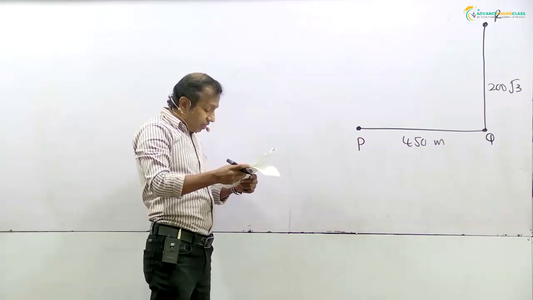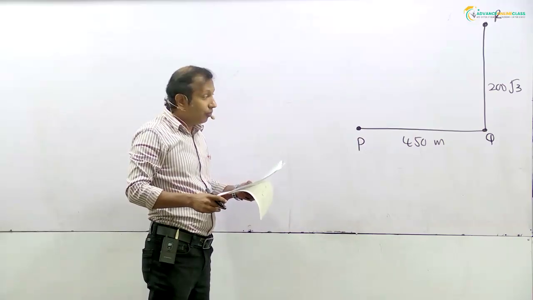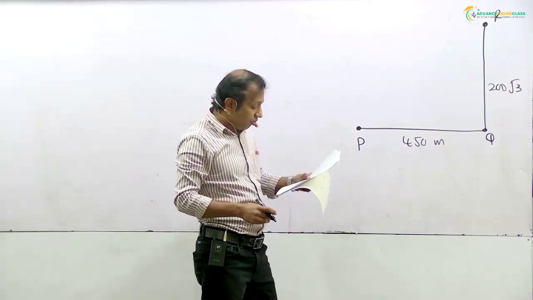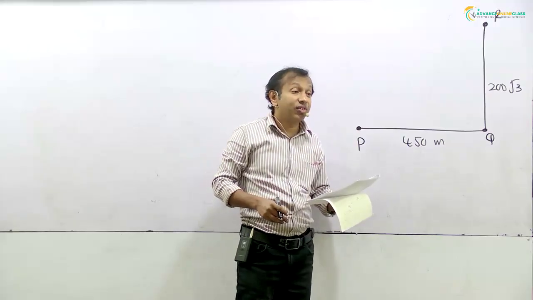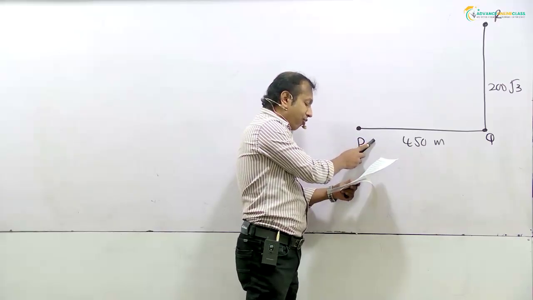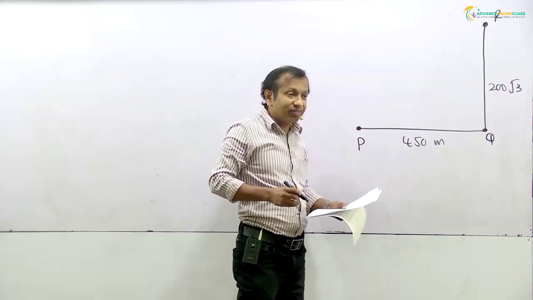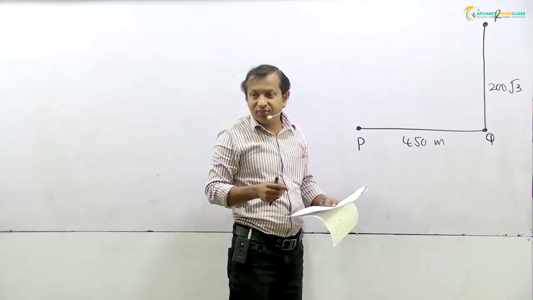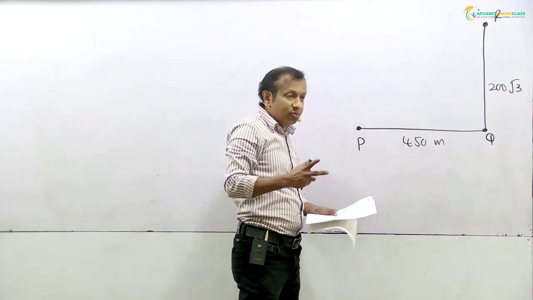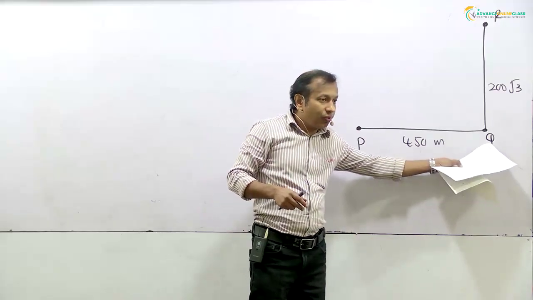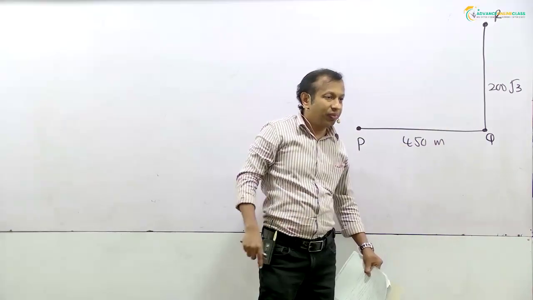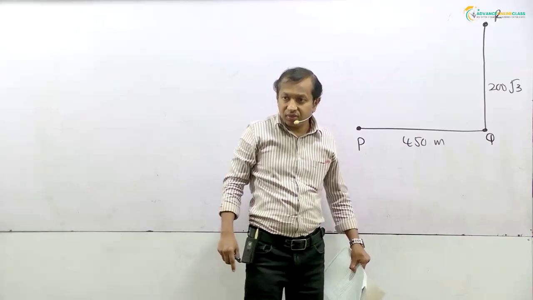The boat P sails with the intention of meeting the boat Q. What do you mean by this? It means any observer in Q observing P can see that P is coming toward Q. Am I correct?